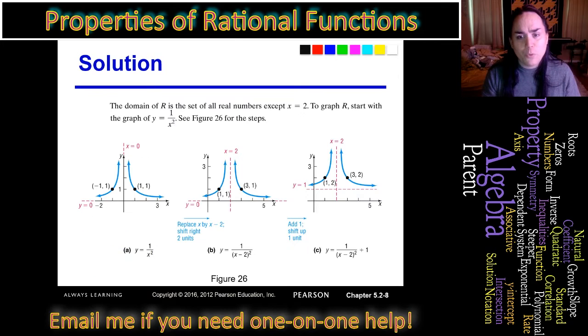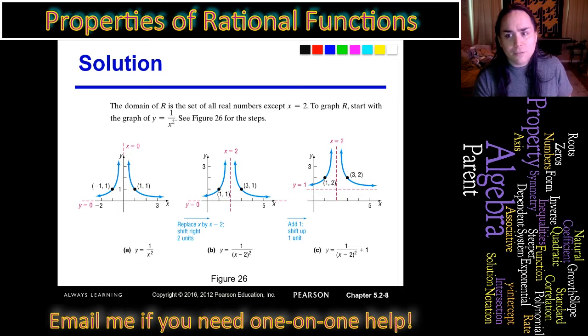All right, let's see if we were right. So here is the original function, y equals 1 over x squared. It looks like this. There's a point at 1, 1. There's a point at negative 1, negative 1. When we replace x with x minus 2, yep, it shifts to the right 2 units. So it moved to the right 2 units, and that's where my new vertical asymptote is.